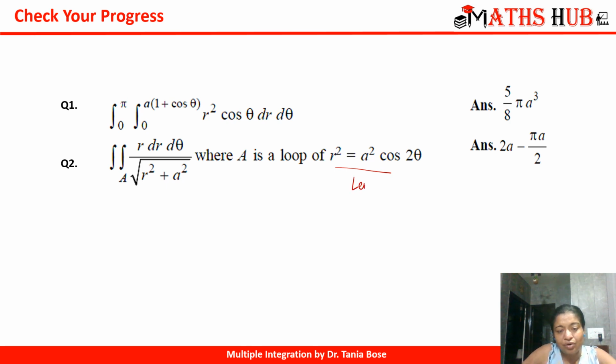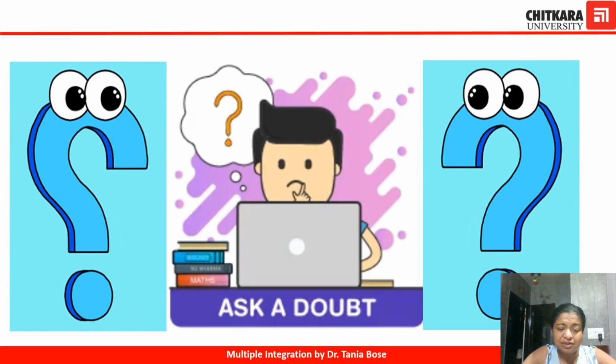So if you don't know what a lemniscate is, please check my videos on curve tracing and you will find this curve. And once you know this curve, you will be able to do this question very comfortably, right? So do try these questions and check your answers whether you could solve them or not, right?